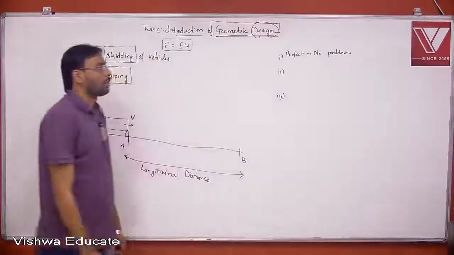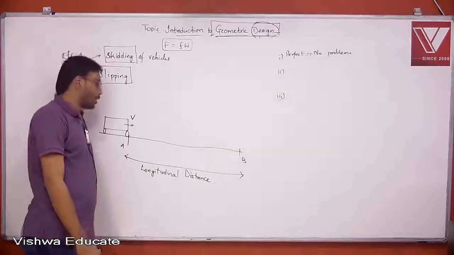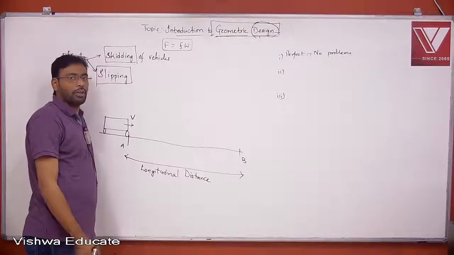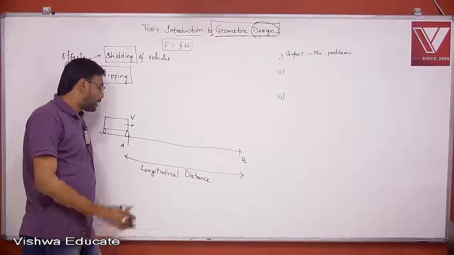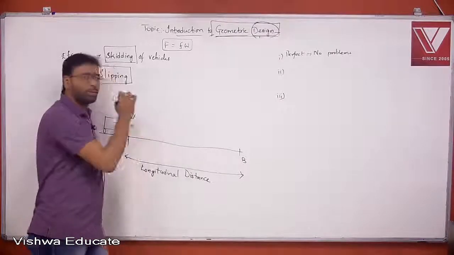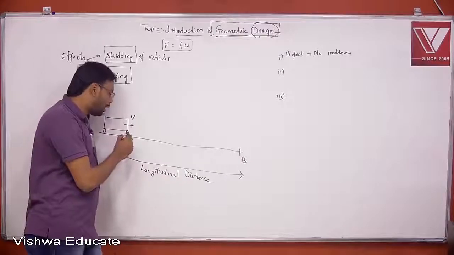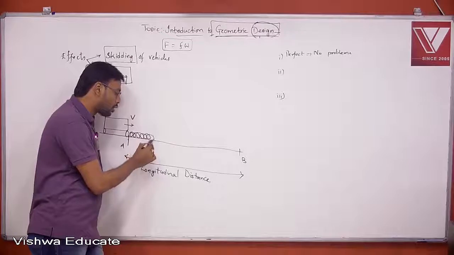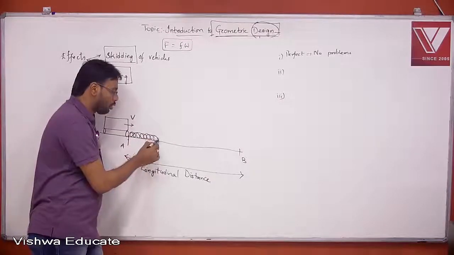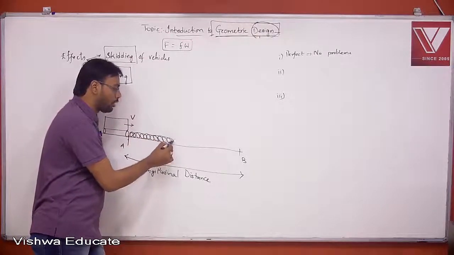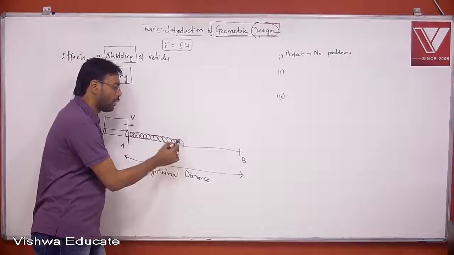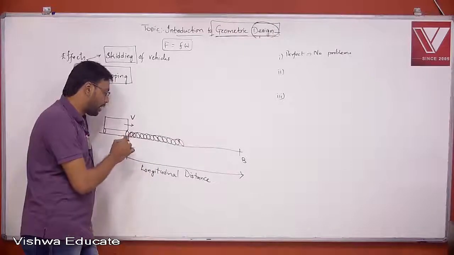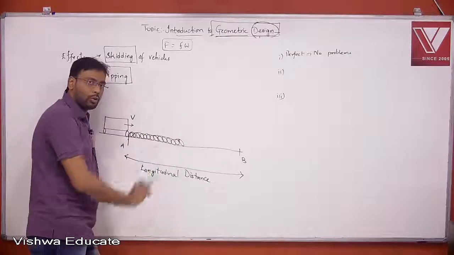You have not applied any brake and your road is perfect, the road is smooth. To travel from A to B, your wheel will rotate, and with this rotation only, your vehicle will be traveling from A to B.